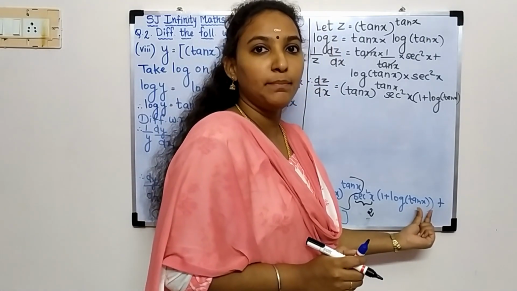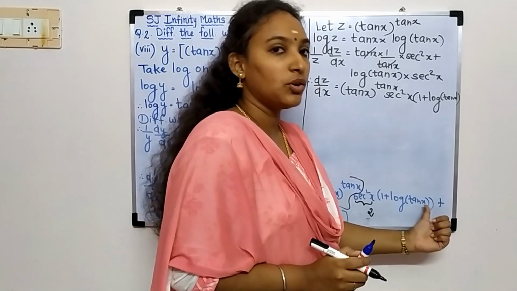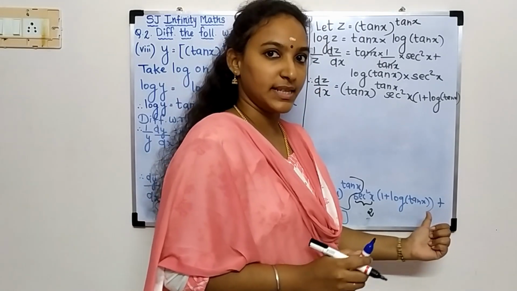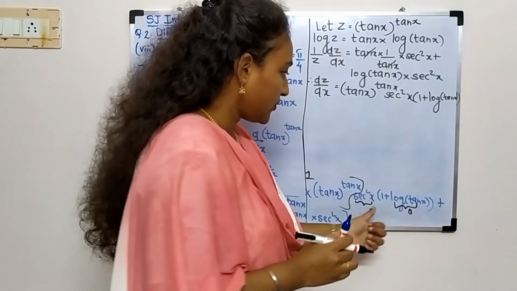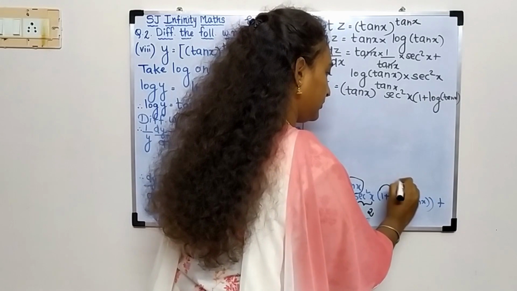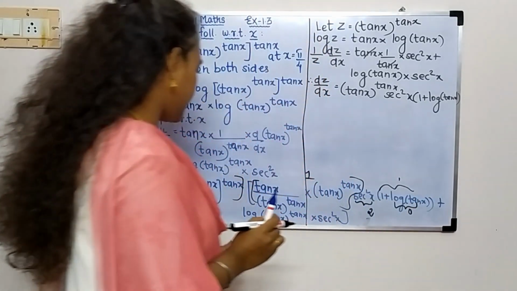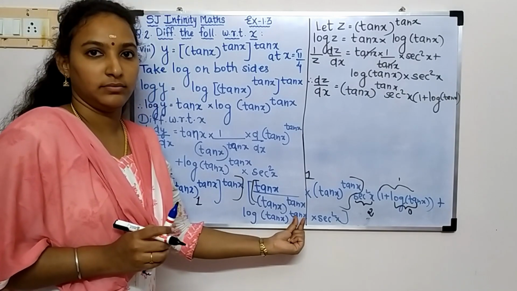And tan pi by 4 is 1, so 1 plus log 1. Log 1 is always 0, so this is 1 plus 0, which is 1. And plus, this is 1 power 1.